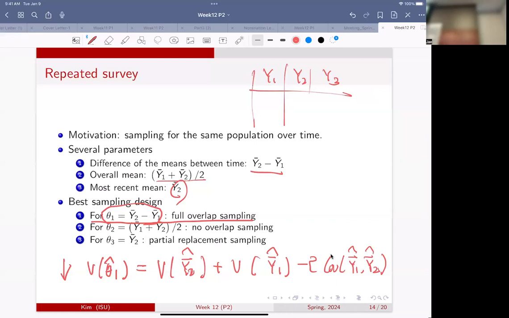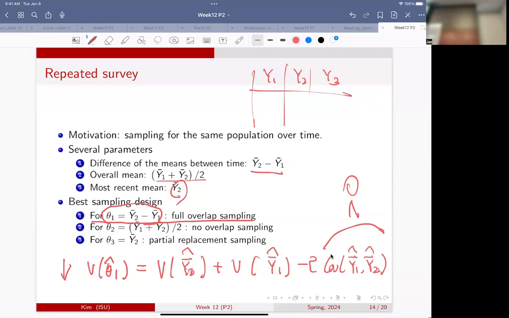So you have a positive correlation, in most cases. The covariance term is maximized when you maximize the overlap.